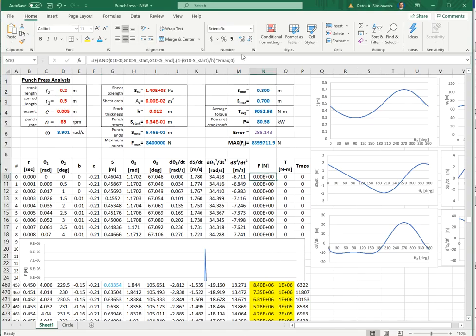The more advanced way is the way I did it. So I'm saying if the punch displacement is greater than S start and less than S min, I'm writing that equation with F varying linearly.